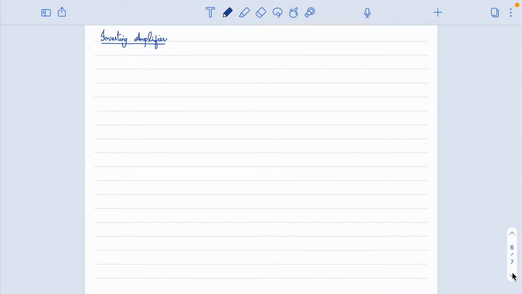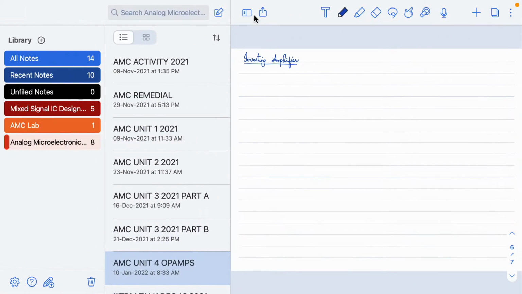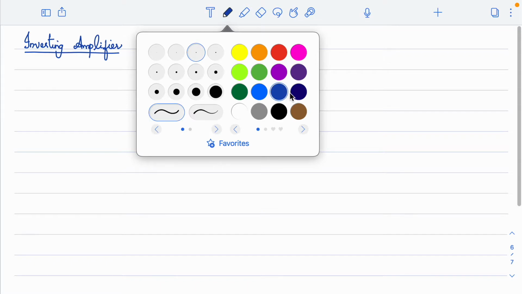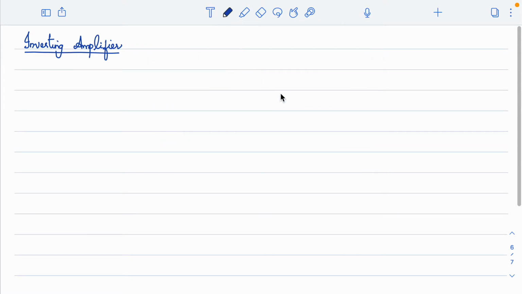Moving on from here, today the focus of this unit is to understand the various applications of op amp. I hope you are familiar with this, and we have done the same experiment in the lab as well. So let us start with the very first application of op amp.